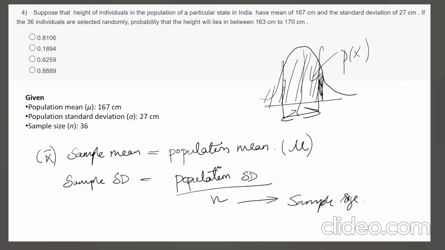So let's check with this answer. Okay, sorry, the mistake here is for 0.89, it is 0.1867. Given the answer instead of that.